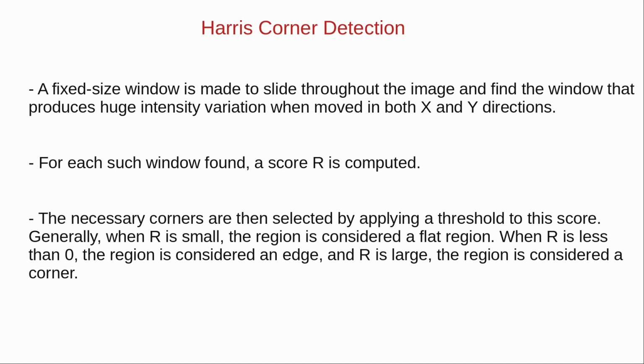First, a fixed size window is made to slide throughout the image to find the window that produces huge intensity variation when moved in both X and Y direction. Then for each such window found, a score R is computed. And finally, the necessary corners are selected by applying a threshold to the score. Generally, when R is small, the region is considered a flat region. When R is less than 0, the region is considered an edge, and when R is large, the region is considered a corner.